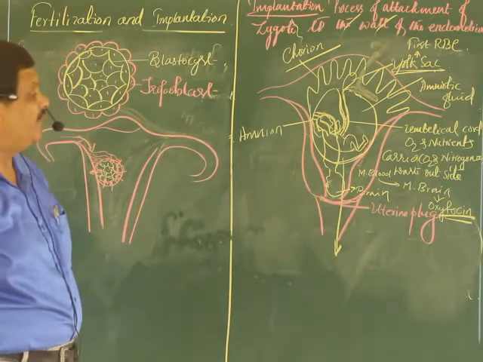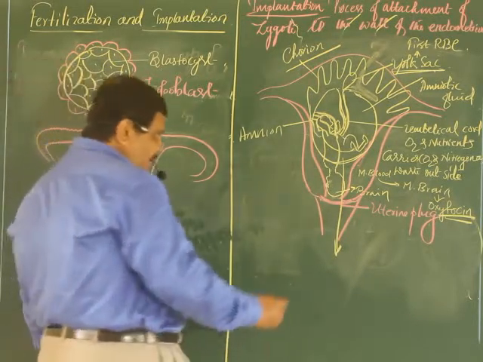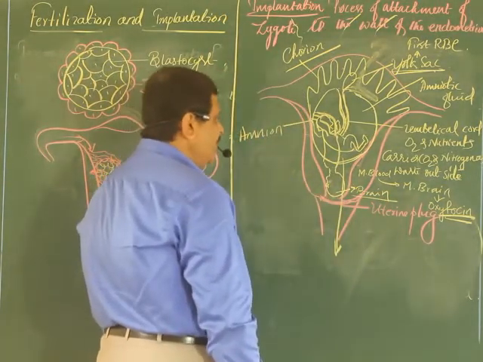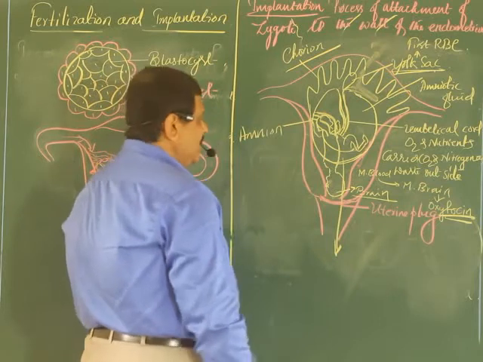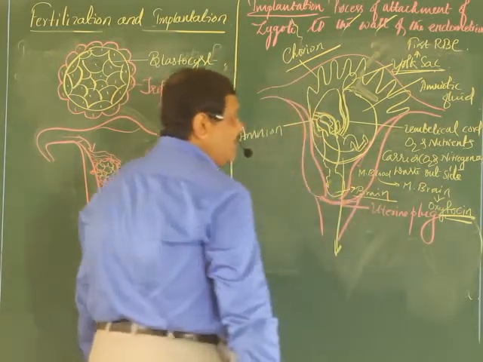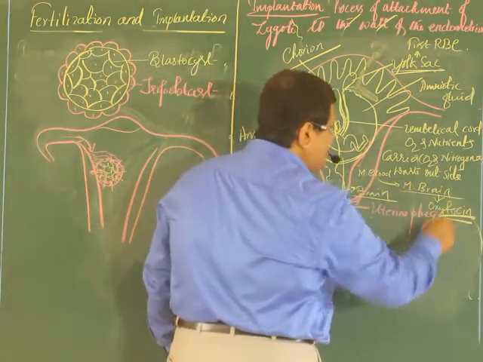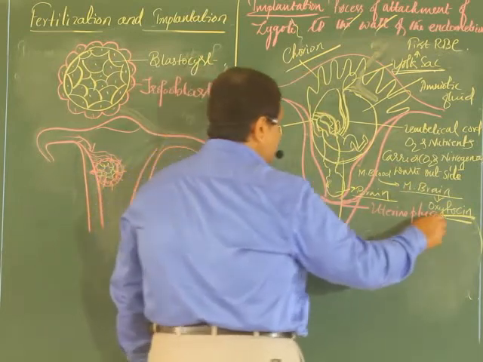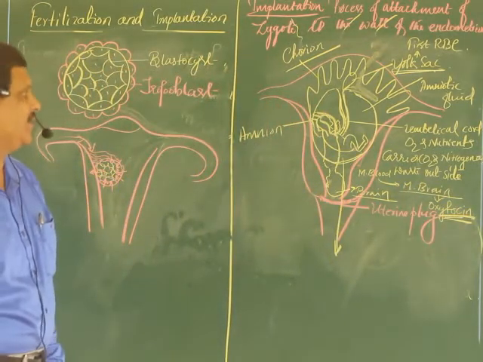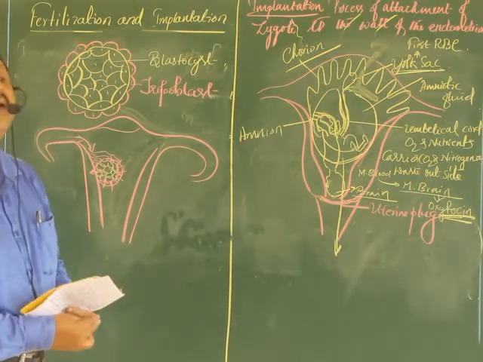See how interestingly it functions. The brain of the child feels the irritation, and then that protein is released to the blood of the mother, and the mother's blood will carry it to the mother's brain, and the mother's brain will start producing oxytocin. Oxytocin is responsible for labor pain.